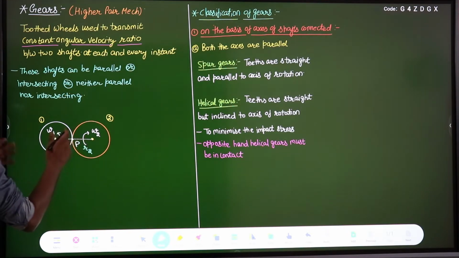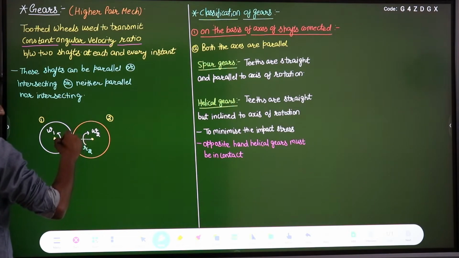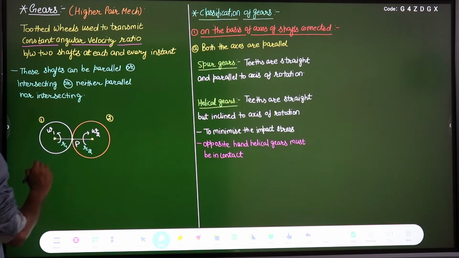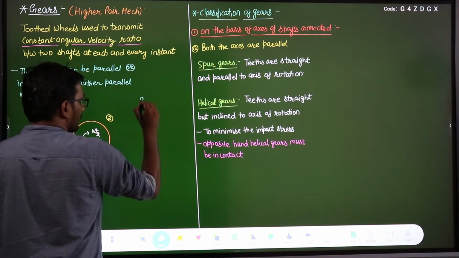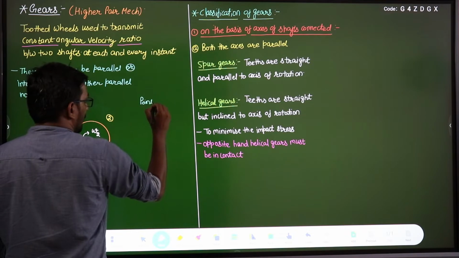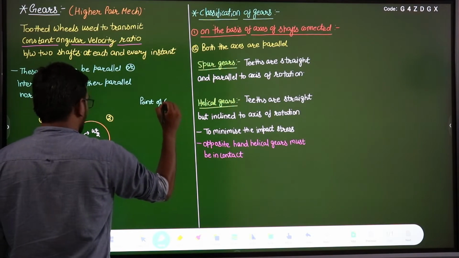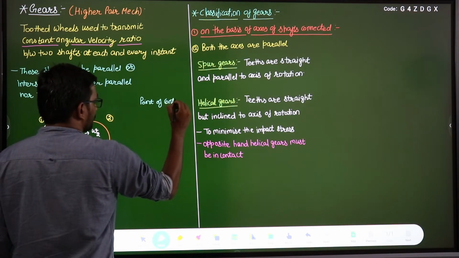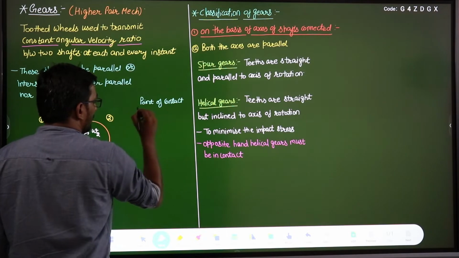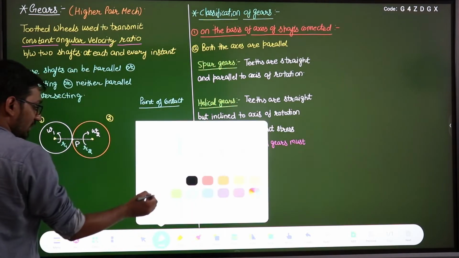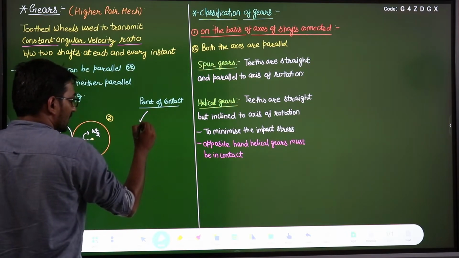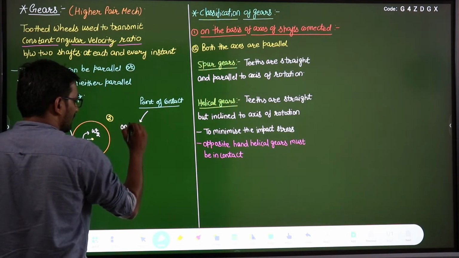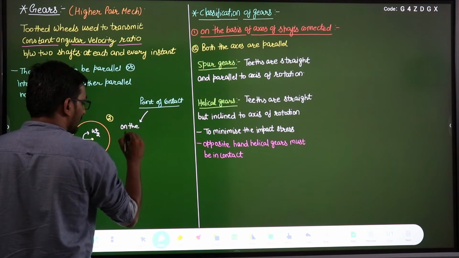So these two disks are at a point contact, so this is a higher pair between them. If we talk about this point of contact P, this point is on both the disks.